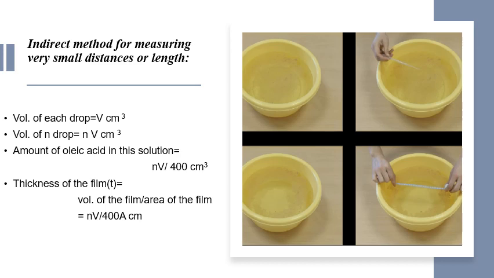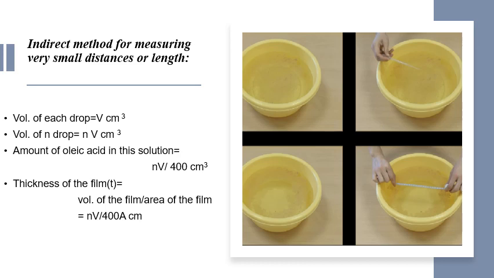To measure a very small size like that of a molecule, the range of a molecule is 10 power minus 8 to 10 power minus 10 meters. We cannot use an optical microscope for this case. Why? Because the wavelength range for the optical microscope is 4000 angstrom to 7000 angstrom, so it cannot resolve particles smaller than this size.